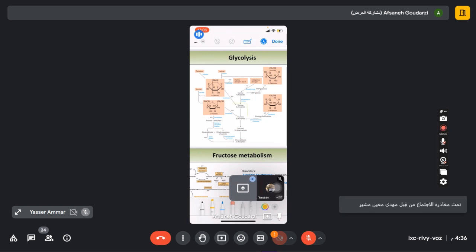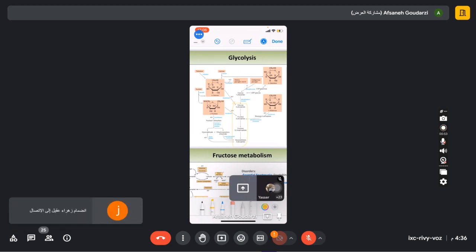Okay, so if you look here, you see in this slide glycolysis from here, glucose 6-phosphate. So the point of this slide is to show that the glycolysis pathway could be replenished from different sites. What does it mean? It means that, for example, we have sucrose here.